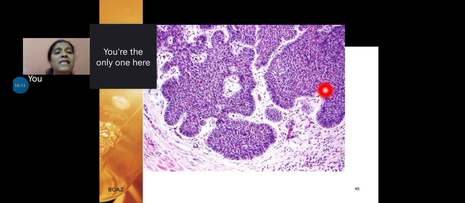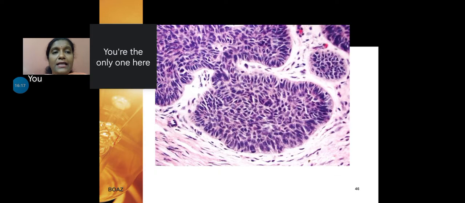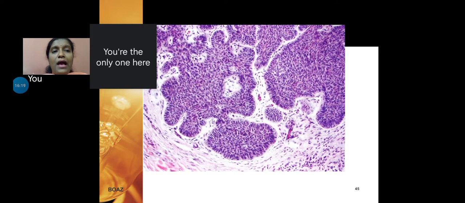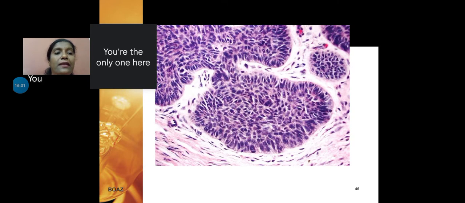Now look at this. All these are ameloblastic islands. But what strikes your eye? The blueness, because the whole of the odontogenic island is transformed into basaloid type of cells. So you're not able to appreciate the peripheral cells or the central cells. Now look at this. All basaloid cells.